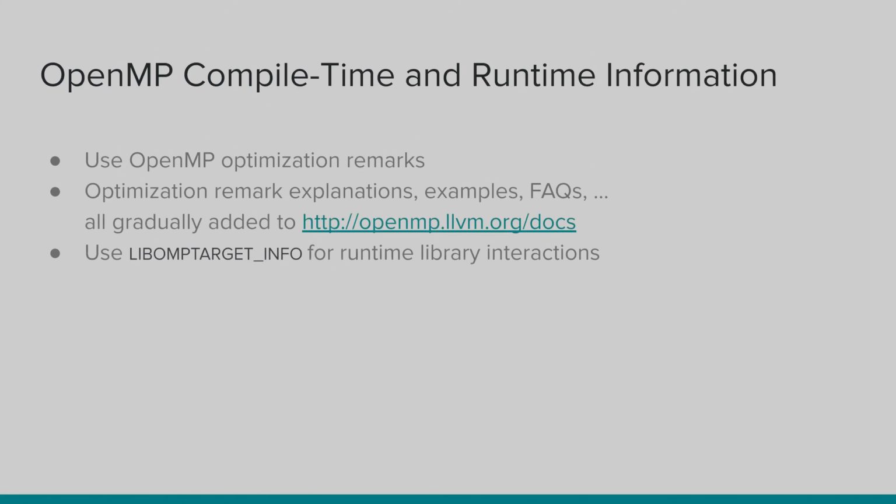For the LLVM Clang case, we have remark explanations, examples, and FAQs that we add over time to the OpenMP LLVM org/docs documentation page. That is the relevant new web page that you should visit and potentially revisit over time, because it's new, but it already contains a lot of interesting information, especially about the environment flags that you can use to talk to the runtime. One of the most important ones here is libomptarget info.